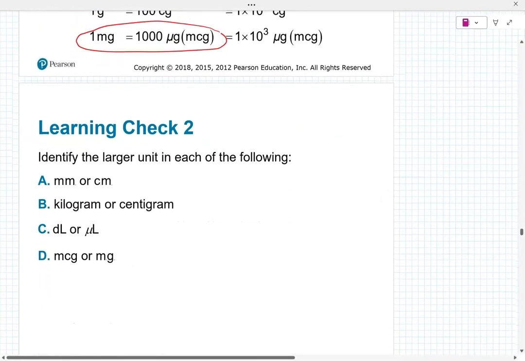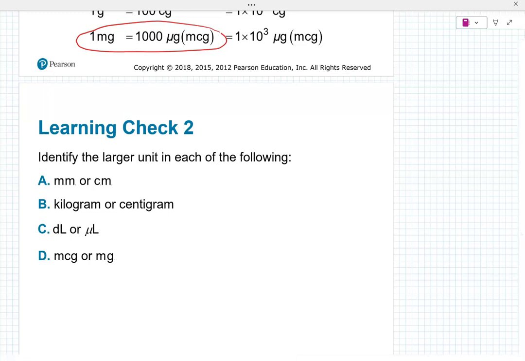Now, you have to remember that when you are asked to convert from smaller units to larger units, from centimeters to meters, if you have, let's say, 91 centimeters, it's going to be 0.91 meter. I'm skipping the calculations.